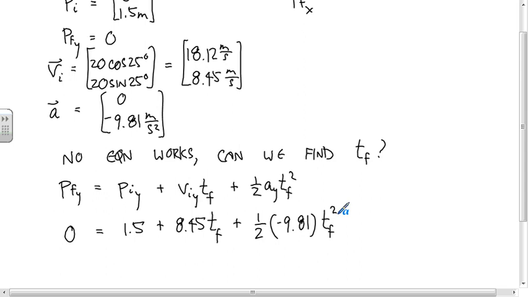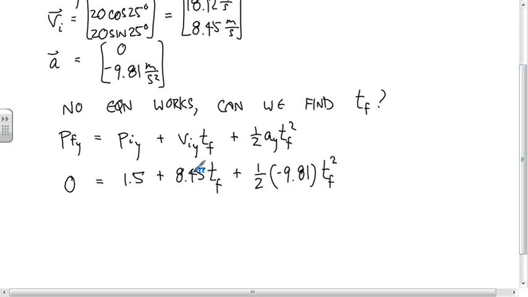How do we solve this equation? Quadratic formula. Sometimes when you have the variable you're looking for squared, you can just solve it with a square root. When can you solve it as a square root, and when do you need the quadratic formula?